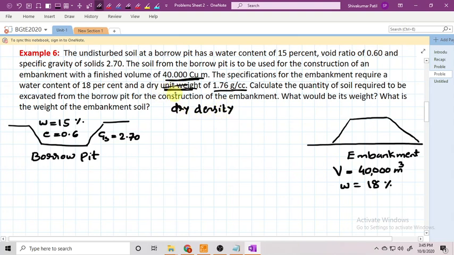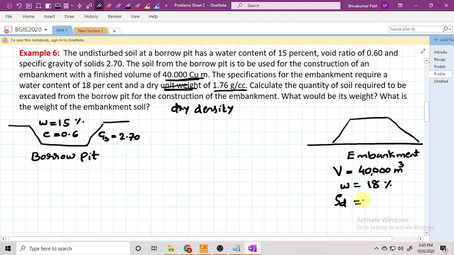If they are really using unit weight, then it should be in kilonewton per meter cube, not gram per cc. Since they are using gram per cc, it must be density, not unit weight. Anyway, this is the water content 18% and the dry density, rho d.